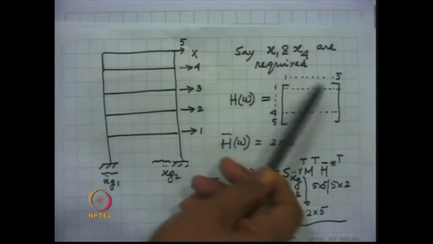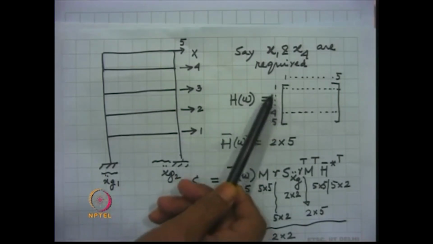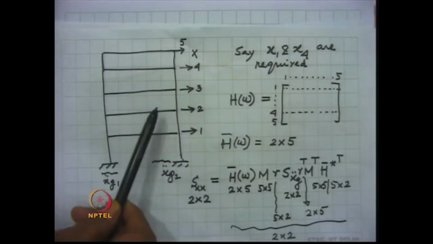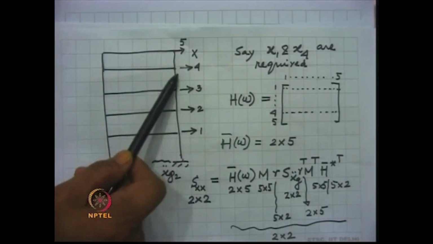Then the H omega matrix will be a 5 by 5 matrix. Now say we are interested in only the responses x1 and x4.